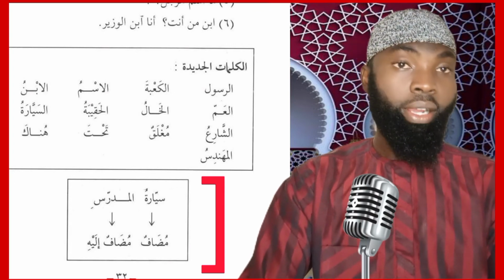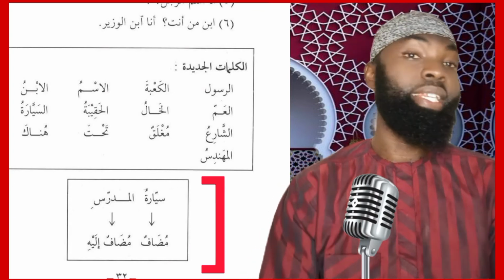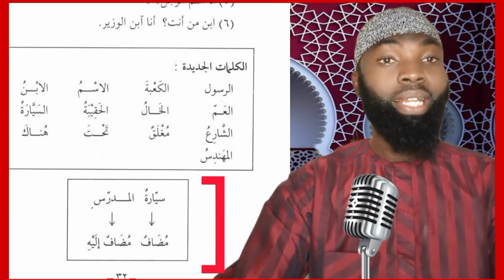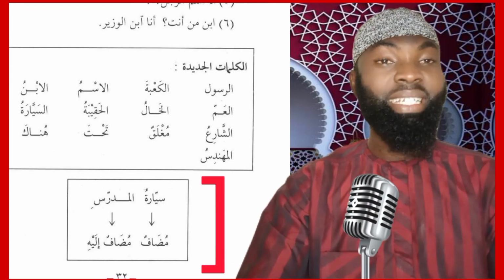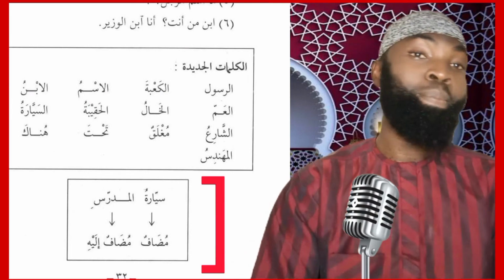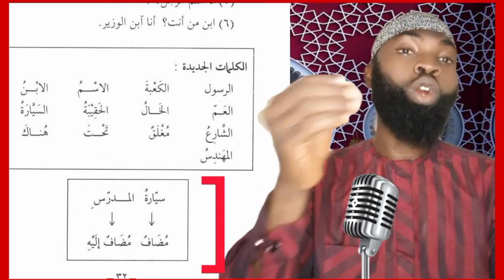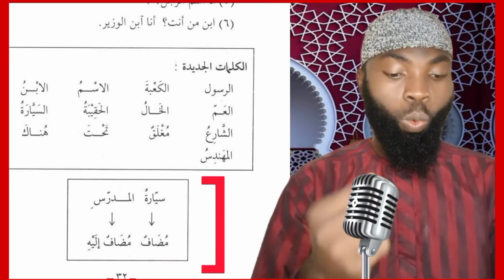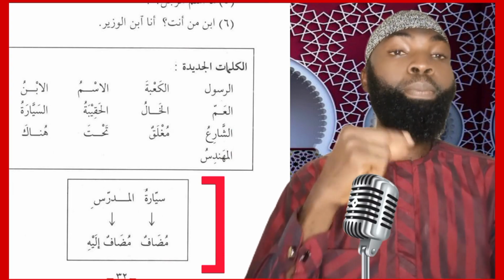Then under here we have Sayyaratul Mudarrisi. The position of Sayyaratun in this sentence is Mudafun. It is the one that is being possessed, and Al-Mudarrisi is the Mudafun Ilay, the possessor. So what we have learned basically today is Mudafun and Mudafun Ilay. Mudafun is the possessed noun, while the Mudafun Ilay is the possessor.